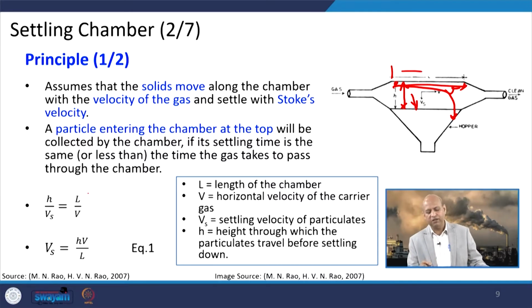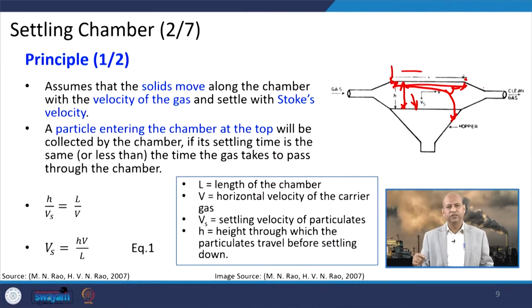So, that is the time taken by one particle to travel in the horizontal direction; in the vertical direction it should have the velocity Vs and come down. So, for that particular diameter of the particle we have to design how this Vs can be achieved, so that it does not go out with the dirty gas, rather it comes down.